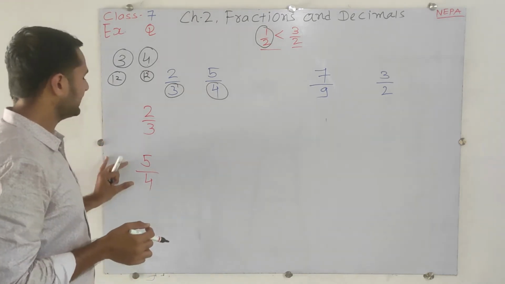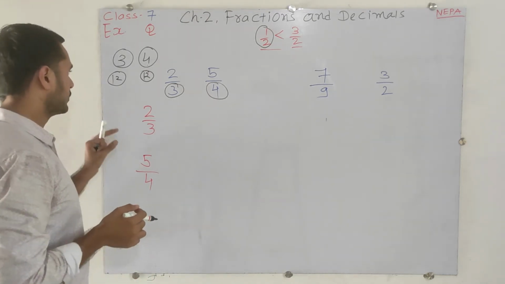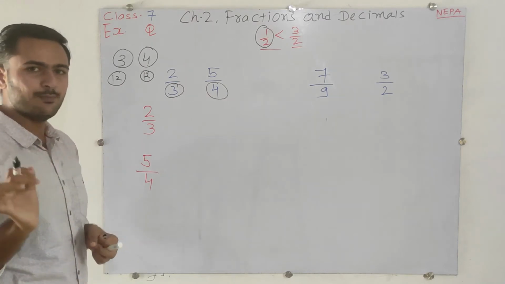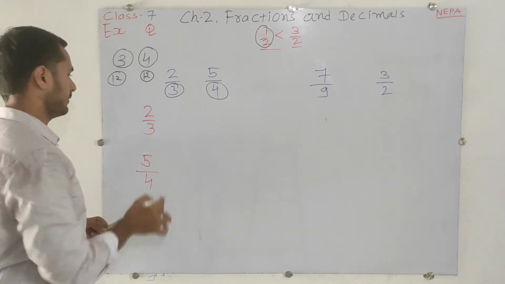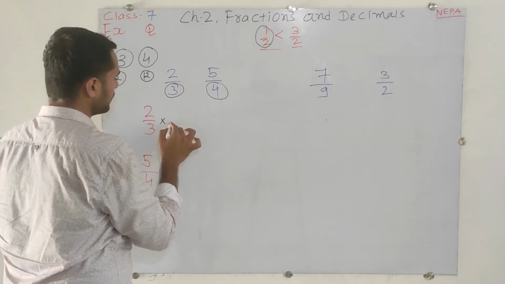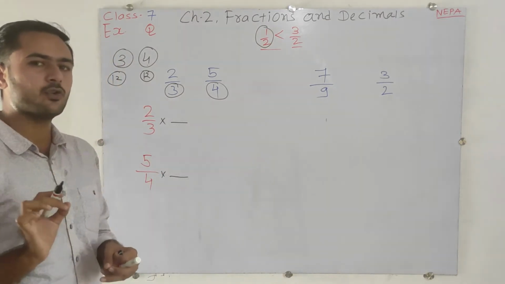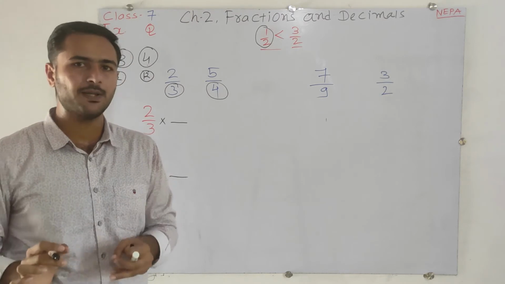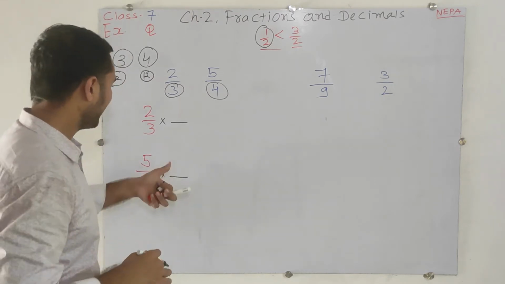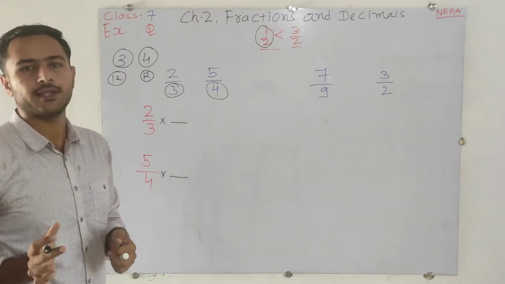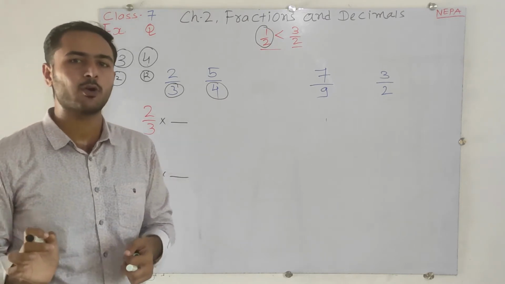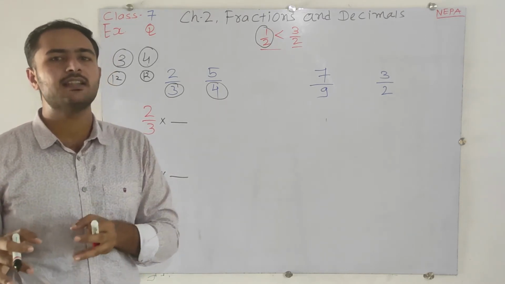Now, here 2 by 3 and 5 by 4. So the LCM is 12, so we will make the denominators 12. So I will do the multiplication process. Now, just remember one thing. Whenever you do the multiplication, you have to multiply and divide with the same number only, because we cannot change the number.